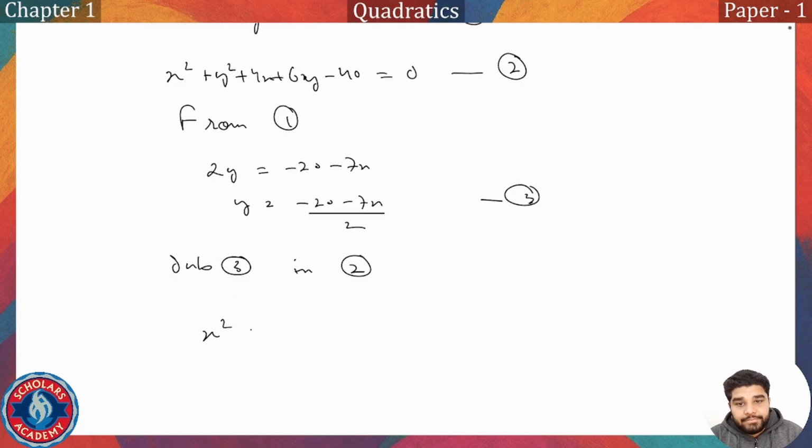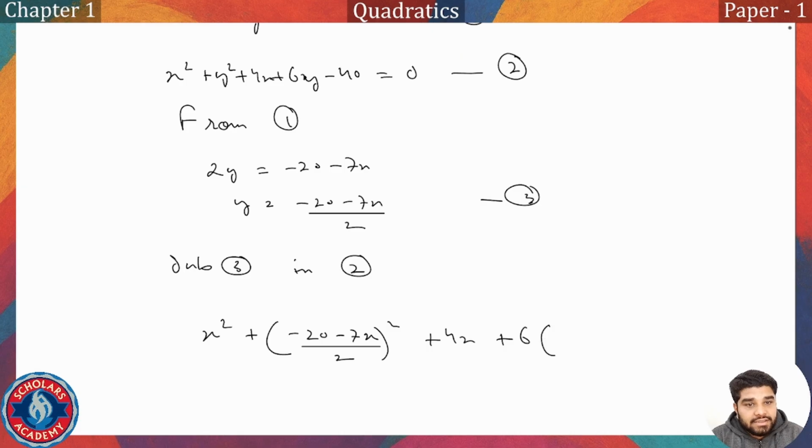So x square plus minus 20 minus 7x by 2 whole square, plus 4x plus 6 times negative 20 minus 7x by 2, and minus 40 is equal to 0.